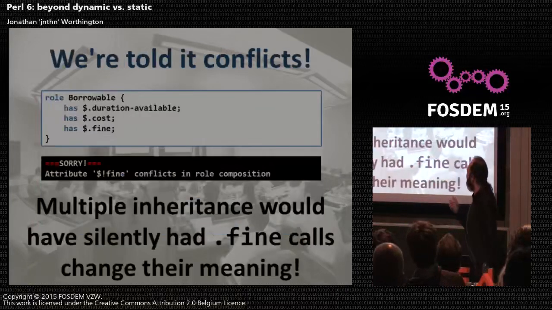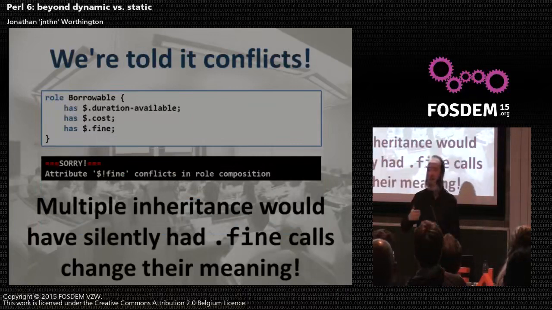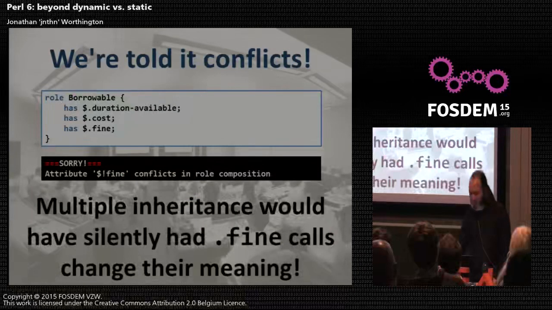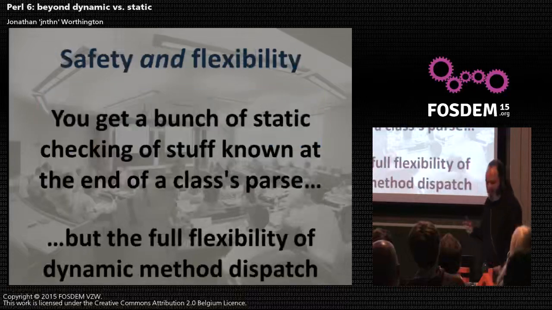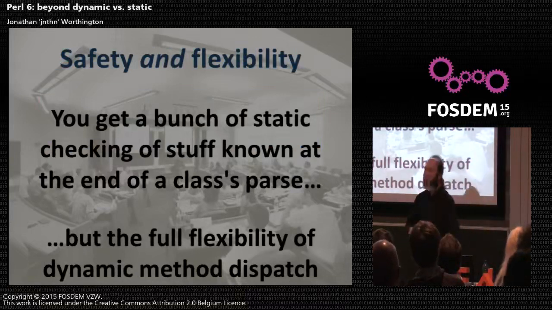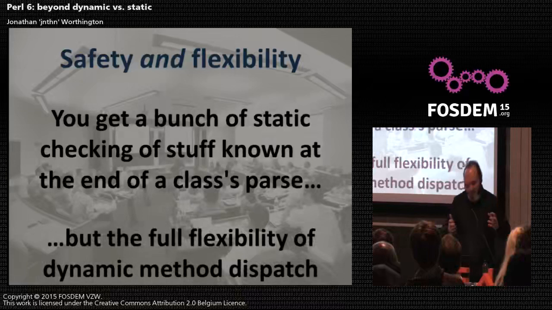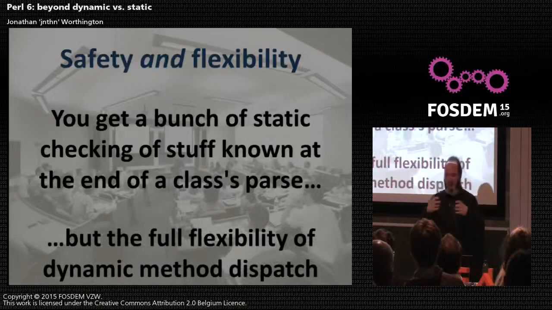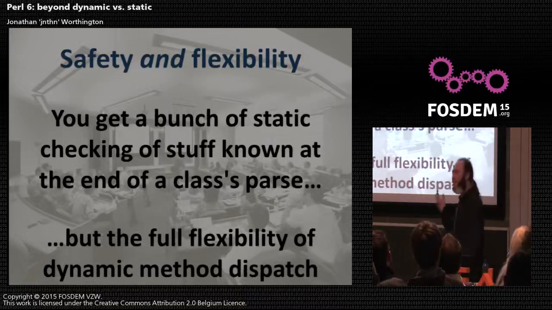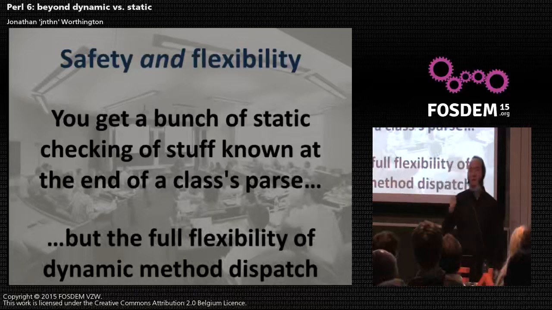So this is another place where, at compile time, we can give you that extra bit of safety. What we're trying to do here is balance out that very flexible method dispatch, where you can do pretty much whatever you like, with a large bunch of checking where we can point out things that you almost certainly didn't mean or that are never actually going to work.